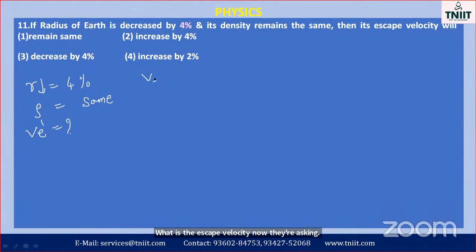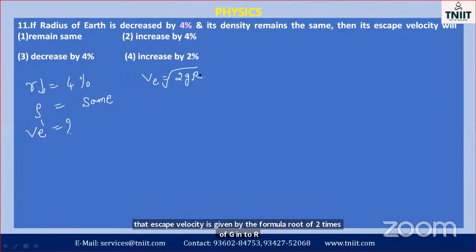Students, you know that escape velocity is given by the formula root of 2 g r. But you can't use this here, because the value of g keeps on changing.